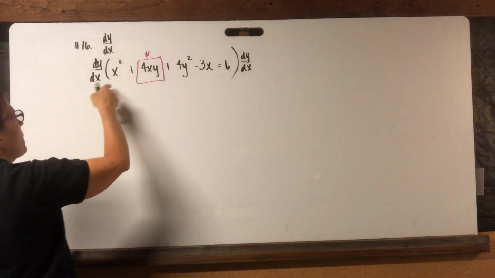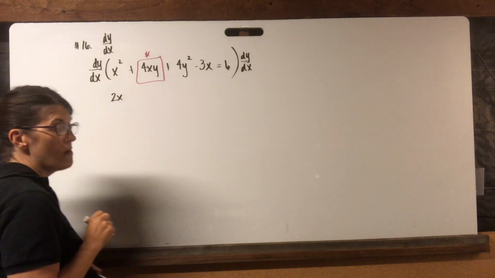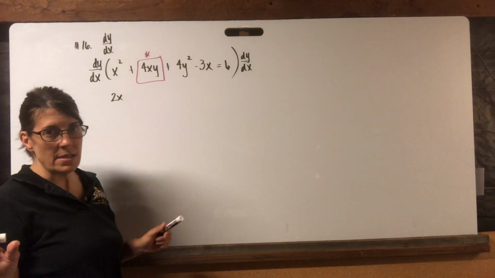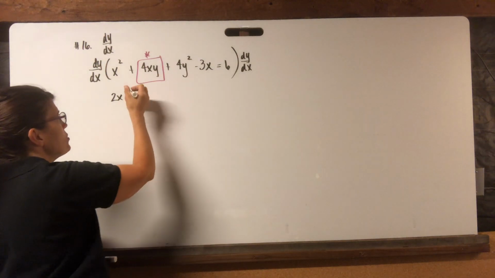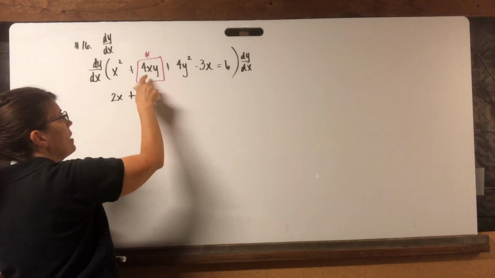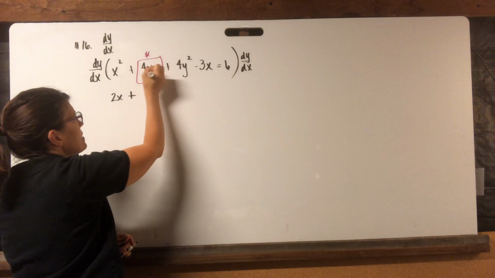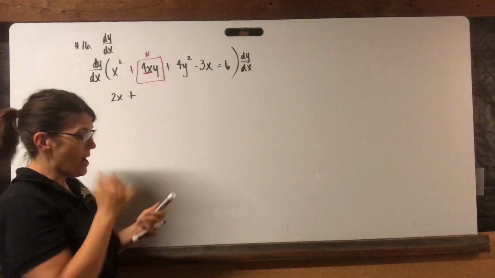So here we go. The derivative of x squared is 2x. There's a y. Automatically, it's messed up. So I'm going to use the product rule. I'm going to look at 4x as one term, and y as the other.